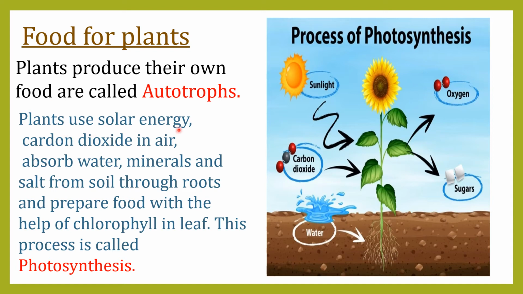Plants use solar energy, carbon dioxide in air, absorb water, minerals, and salt from soil through roots, and prepare food with the help of chlorophyll in leaf. This process is called photosynthesis. Can you see here, children? Sunlight, carbon dioxide, water, sugars, and oxygen. If any one is missing, the plant will not grow properly. It will not get the energy.